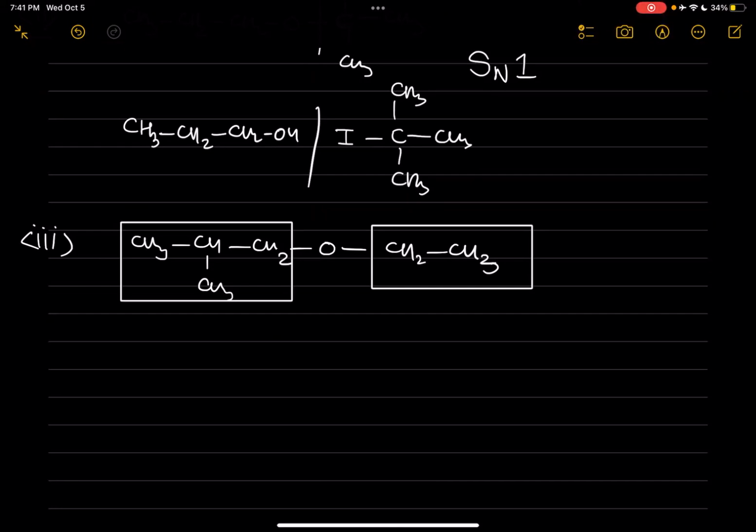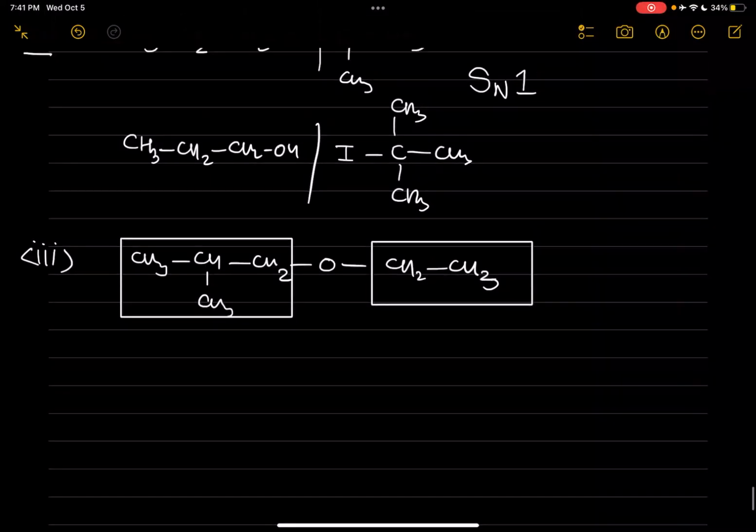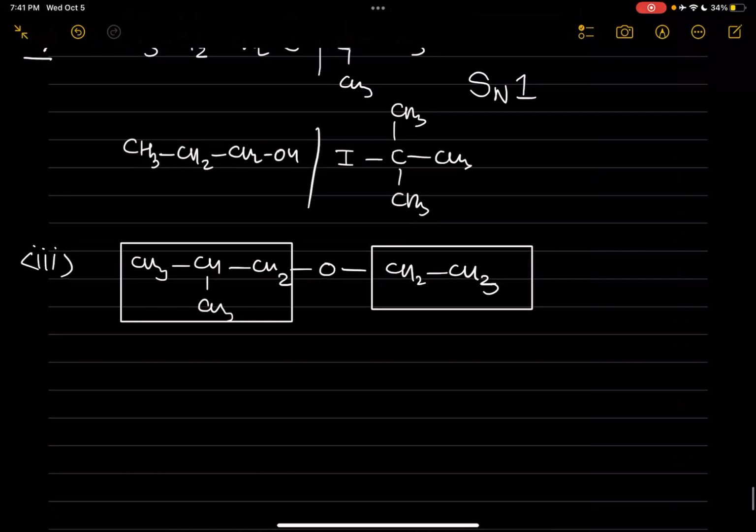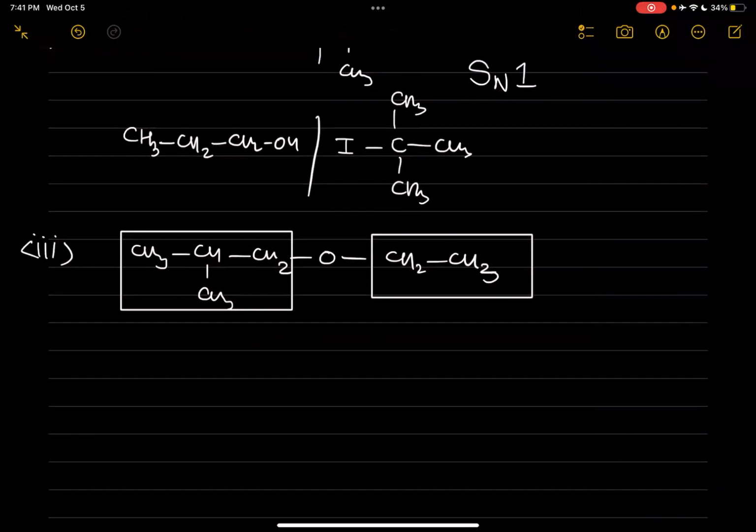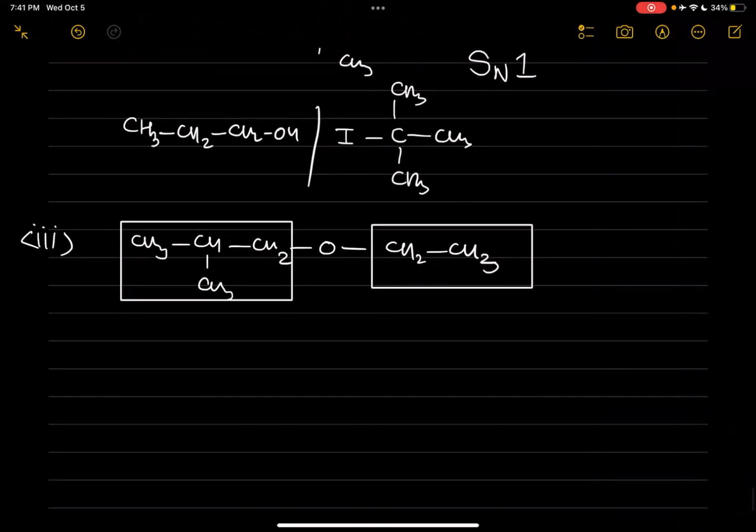Sir, that one, left-hand side. Which one? The left-hand side. It appears to form a stable carbocation. Yeah, it appears, but actually it is not.